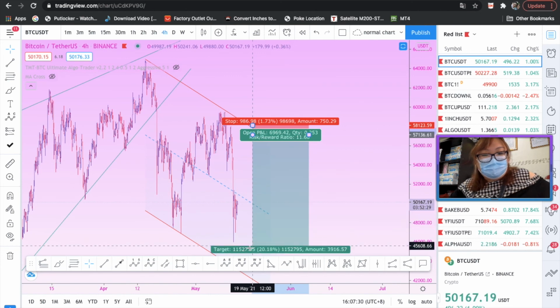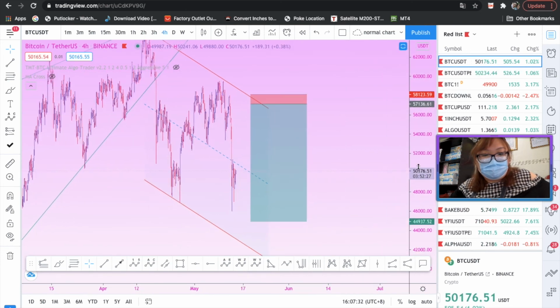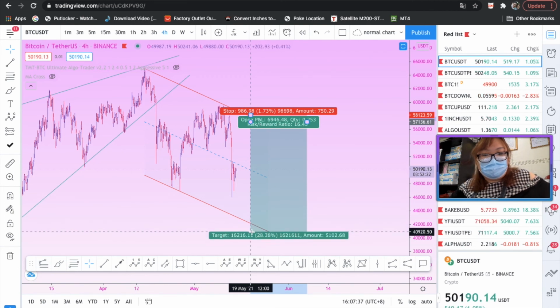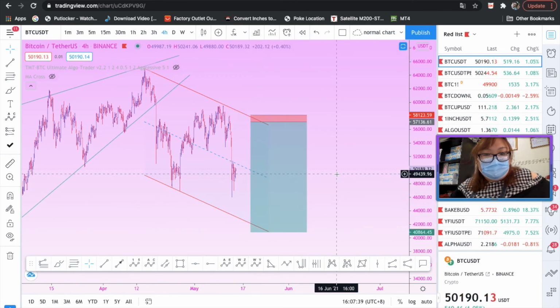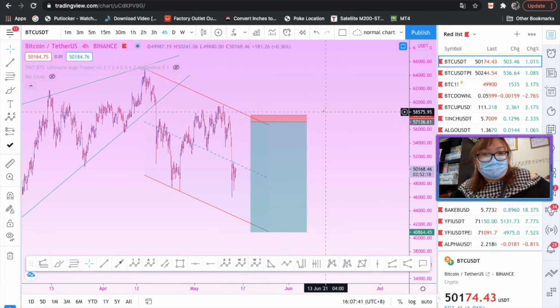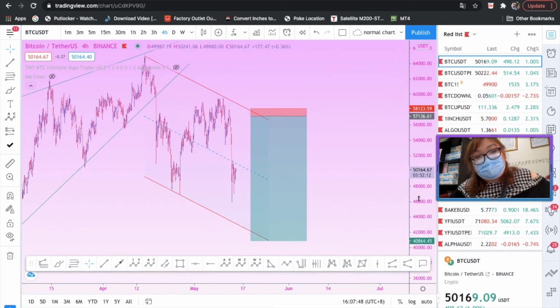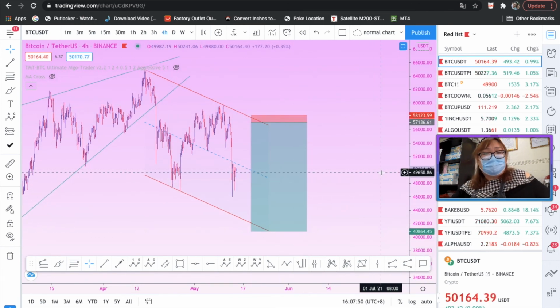And my target was somewhere around 40K, something like that, right? So I mean, it totally makes sense. If you want to take the trade, the stop loss is quite minimal, right? So by taking this trade, I mean, what's the risk, right?